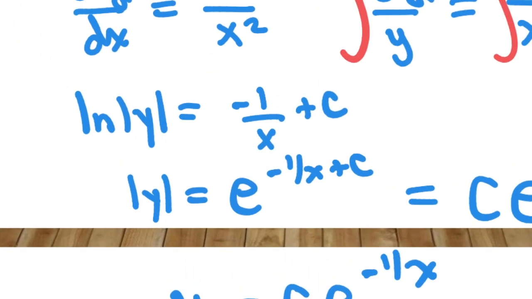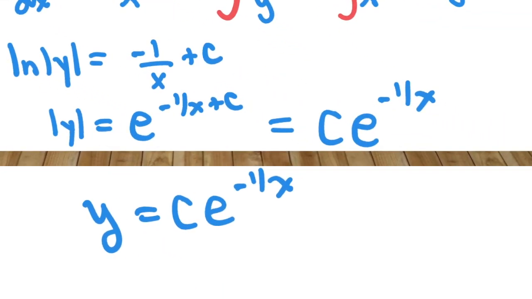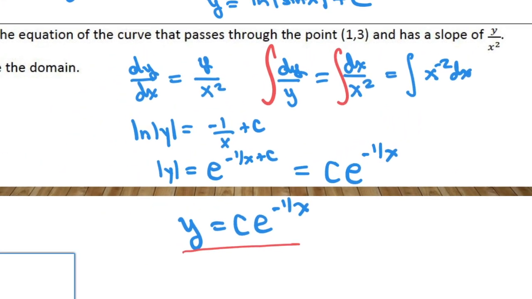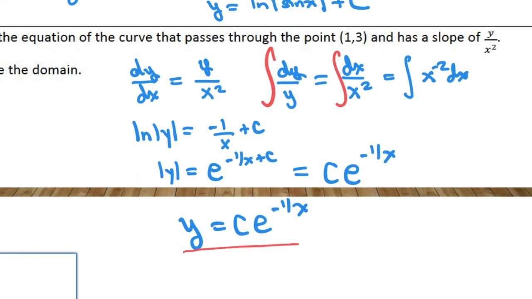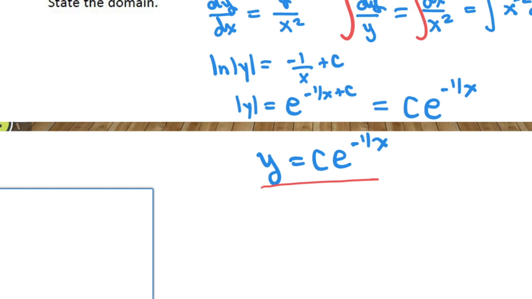When we do that, we get the natural log absolute value of y is negative 1 over x plus c. E both sides of your equation, drop the c down in front, and you have your general solution to the equation.